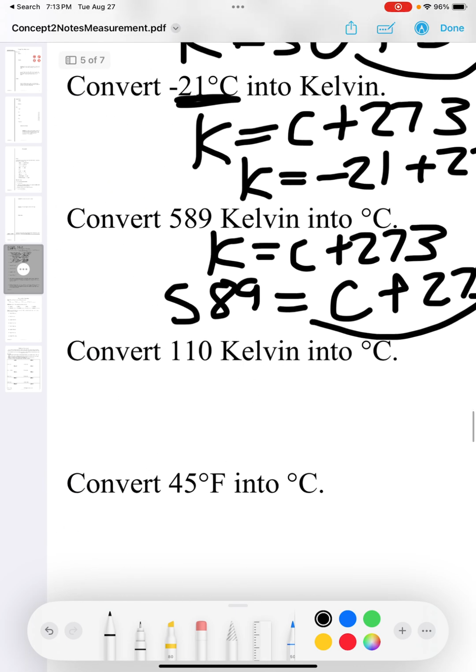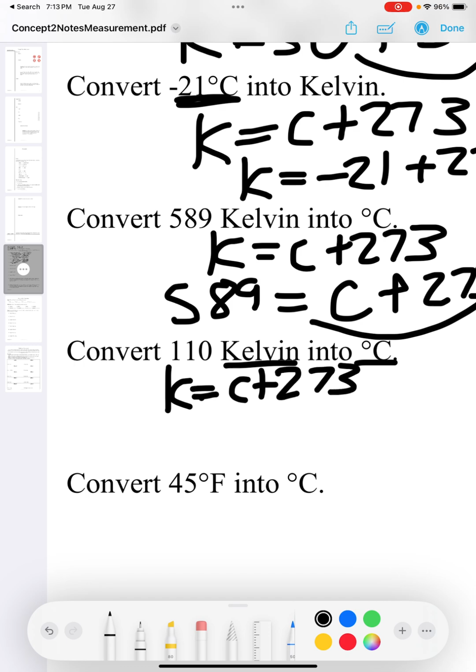Okay, so the next one is the same formula again. We're still dealing with Kelvin and Celsius as our units. So we're still going to use the K equals C plus 273. That same formula. And because they tell us to convert 110 degrees Kelvin into Celsius, they're giving it to us in Kelvin.